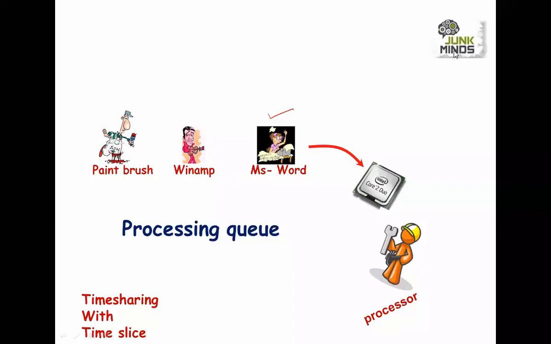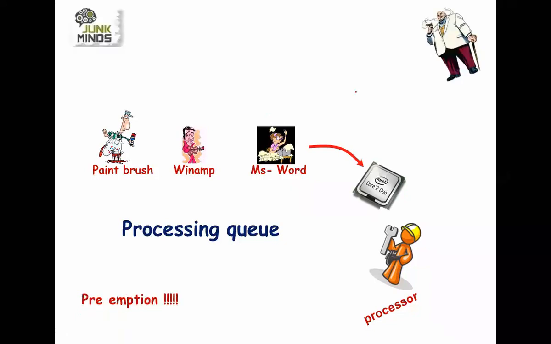this entire thing is happening under the control of the big boss, your operating system. When all this is happening, your operating system will always keep an eye on what's happening.